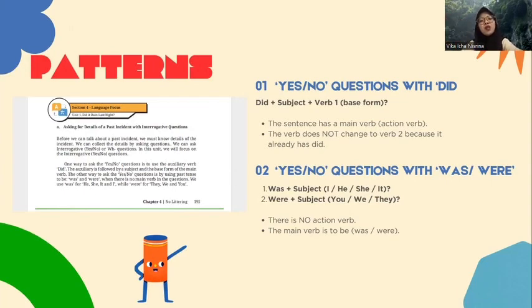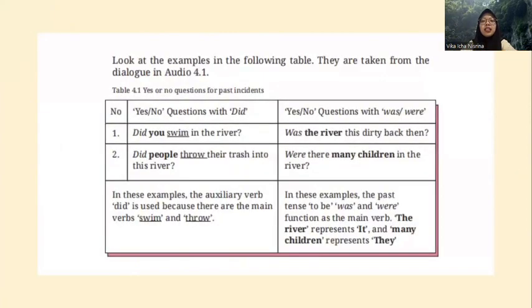We use was for he, she, it, and I, while were is used for they, we, and you. Do you understand so far? I hope you do. If you are still confused or have any difficulties, you can raise your hand and ask me a question.